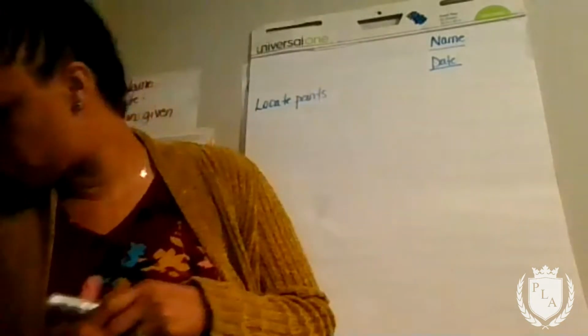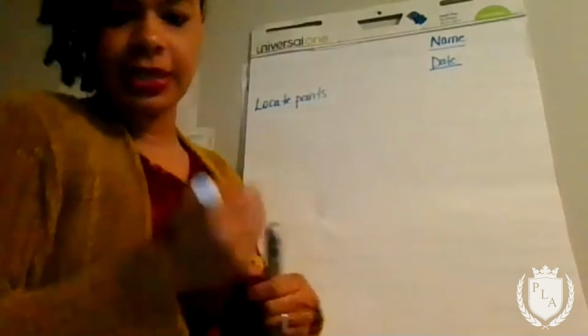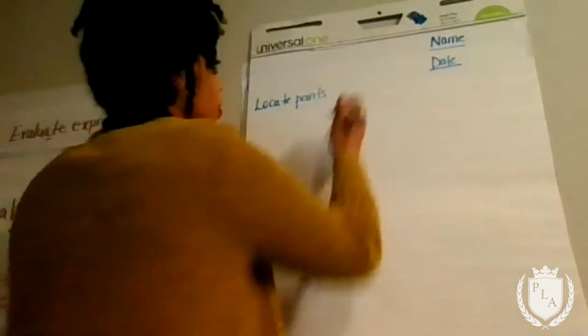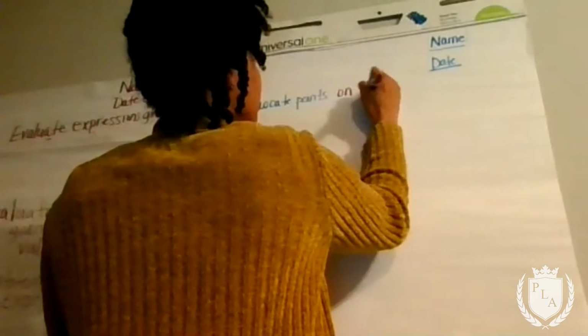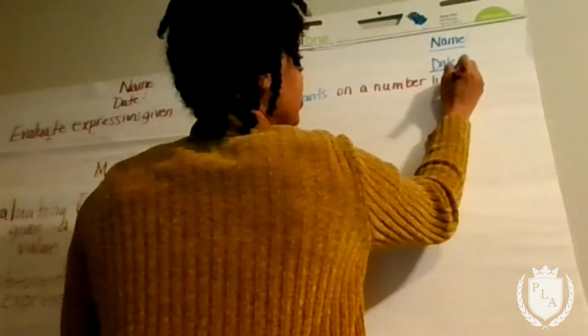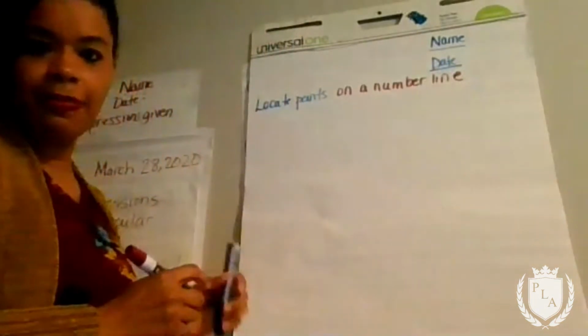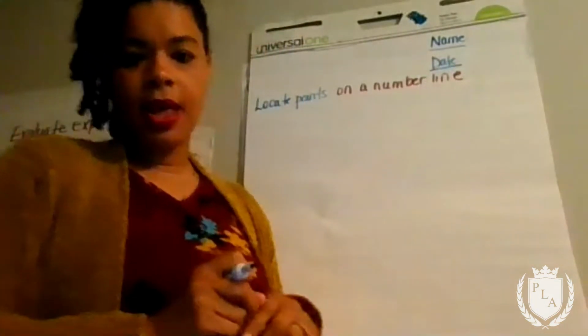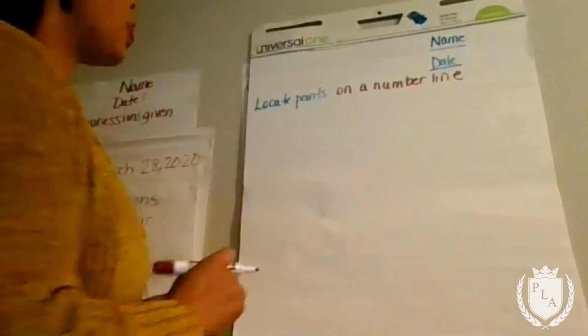Okay, let me switch markers really quick. Locate points on a number line. Number line. Locate points on a number line that correspond to rational numbers.